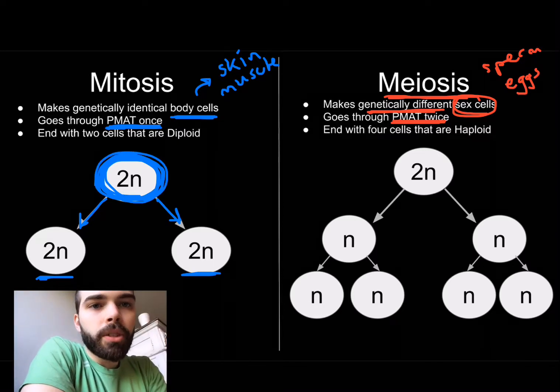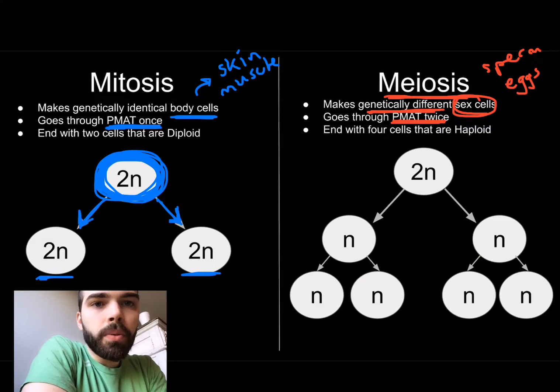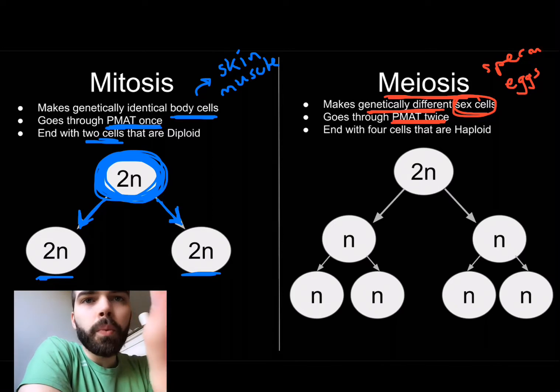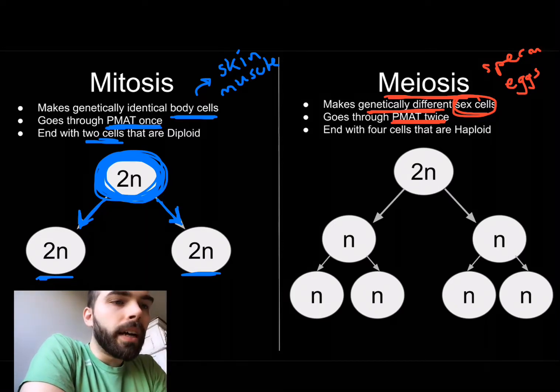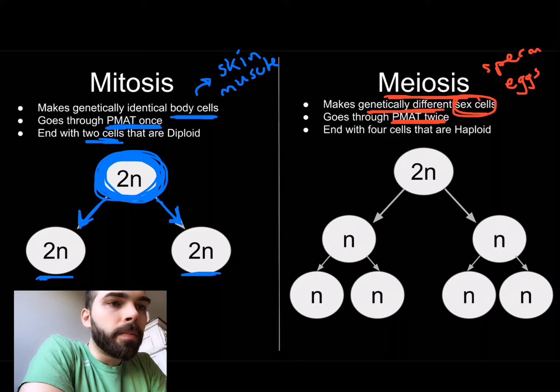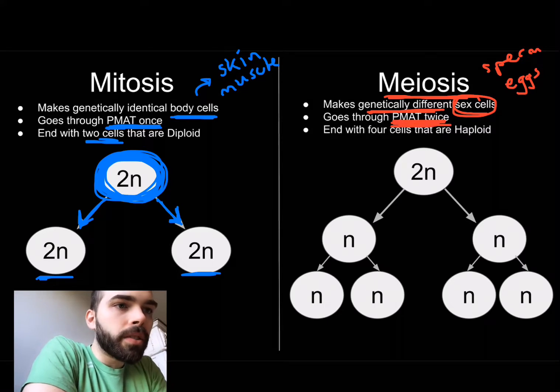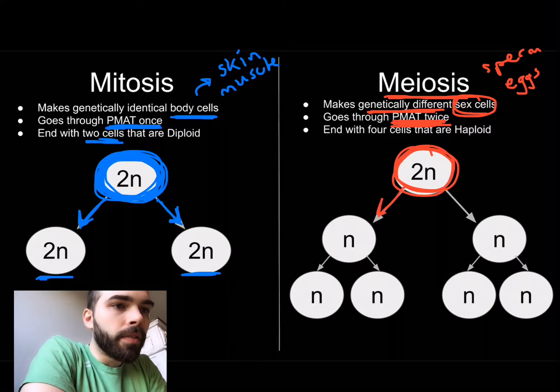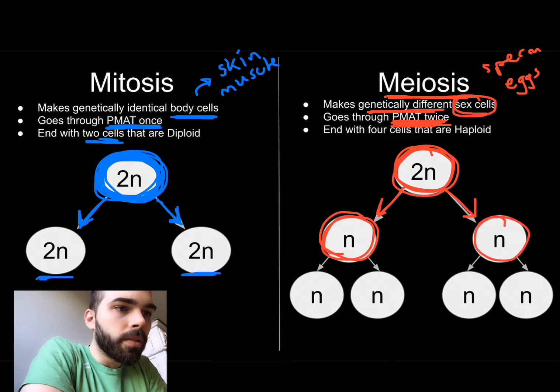Here's our original cell, and it divides only one time. And so you get 2 cells. But when you do meiosis, there are 2 rounds of division. So we take our original cell, we divide it the first time, and that's going to give us 2 cells.